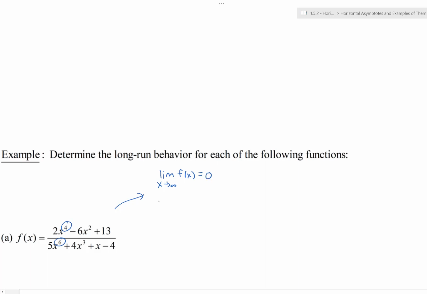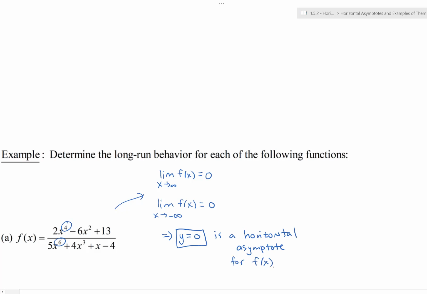And in fact, limit as x goes to negative infinity of the function f of x is also 0. And for that reason, it follows that the line y is equal to 0 here is a horizontal asymptote for the function f of x.